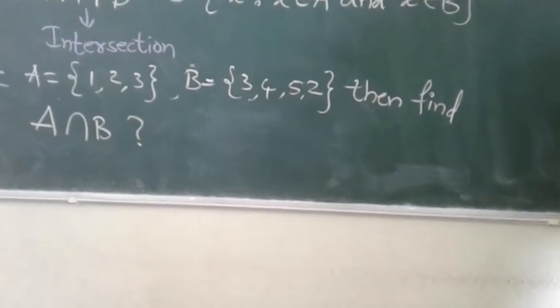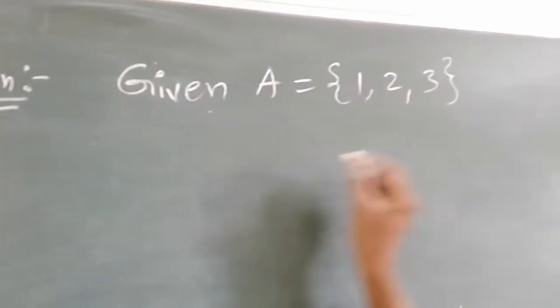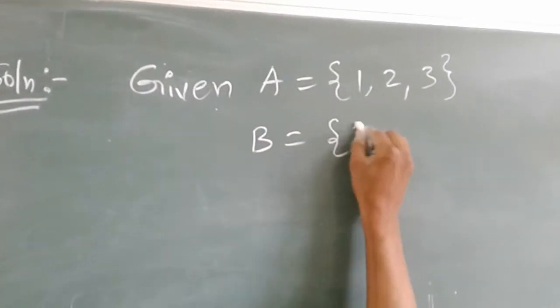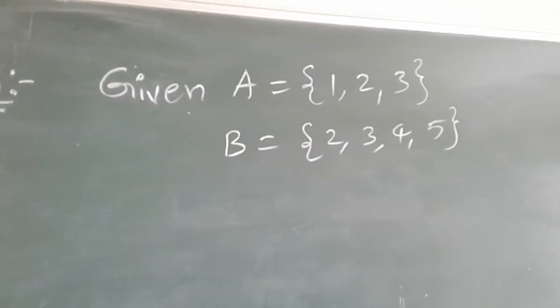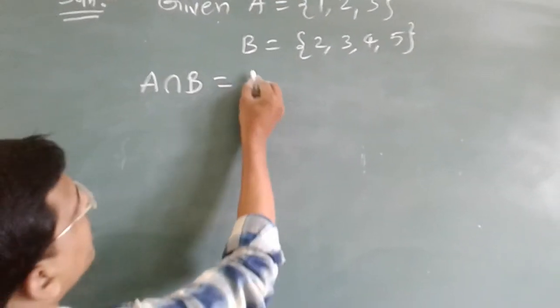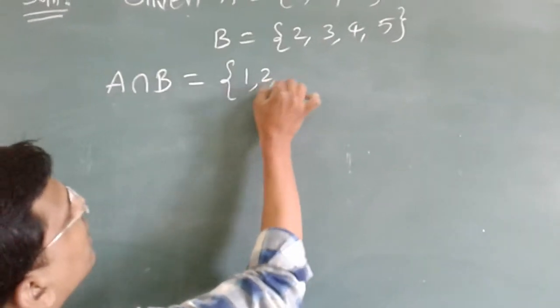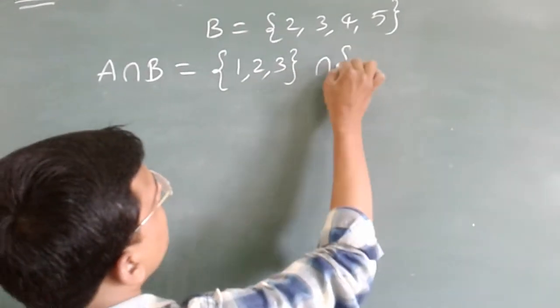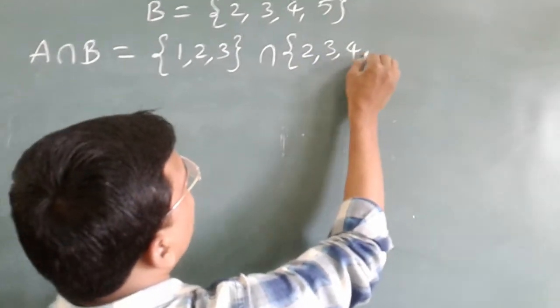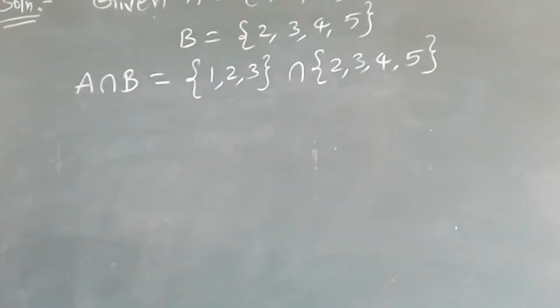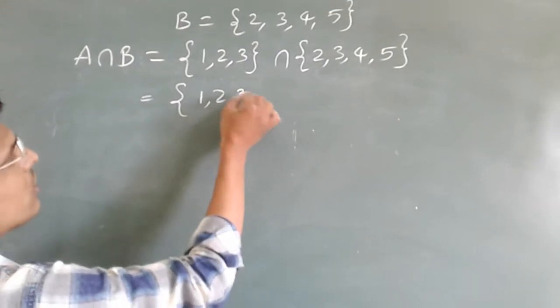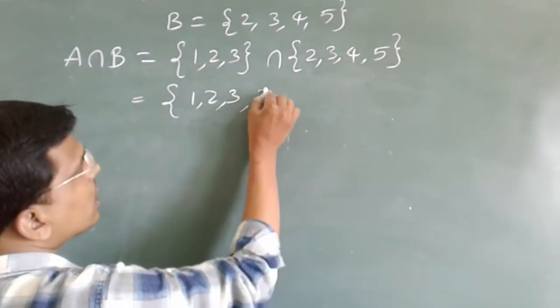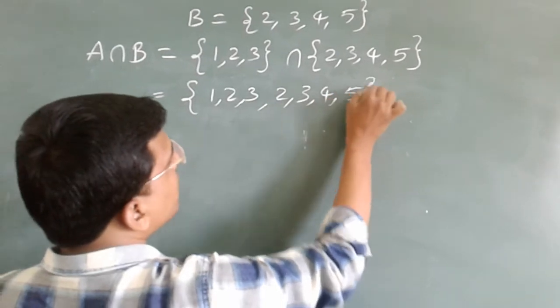A is equal to {1, 2, 3} and set B is equal to {2, 3, 4, 5}. These are the two sets and they are asking us to find A intersection B. So A intersection B is equal to {1, 2, 3} intersection {2, 3, 4, 5}. First write the first set, then the second set.